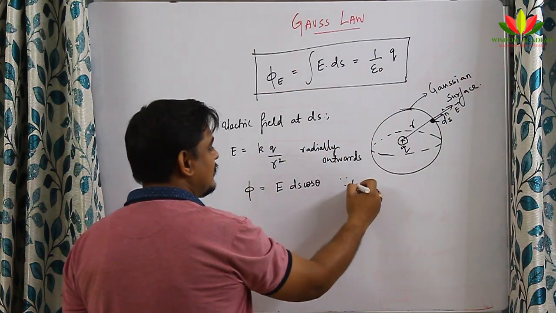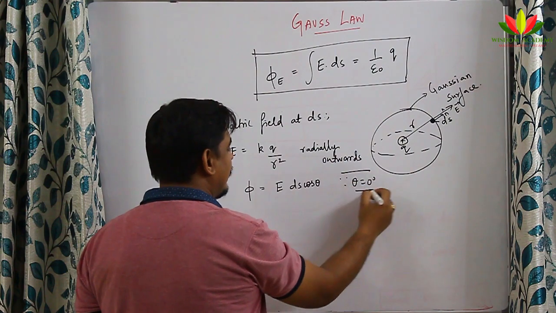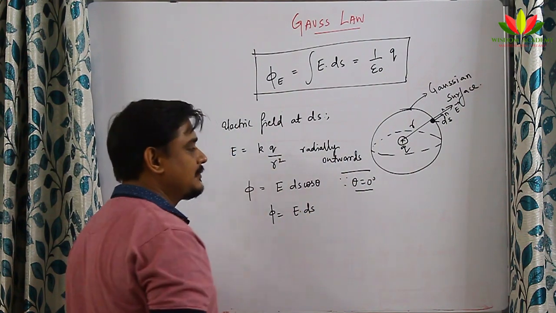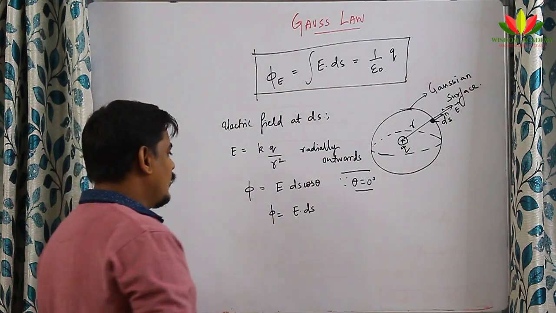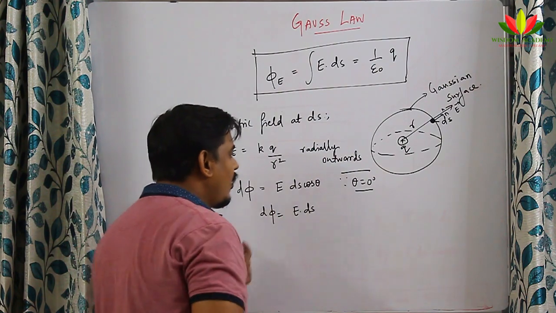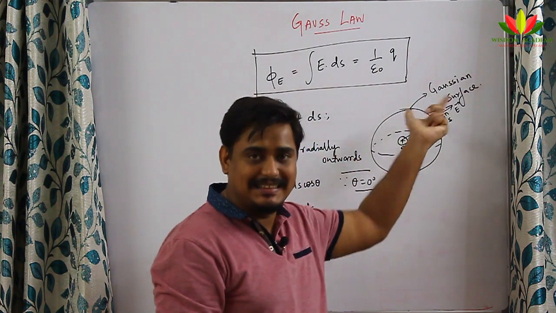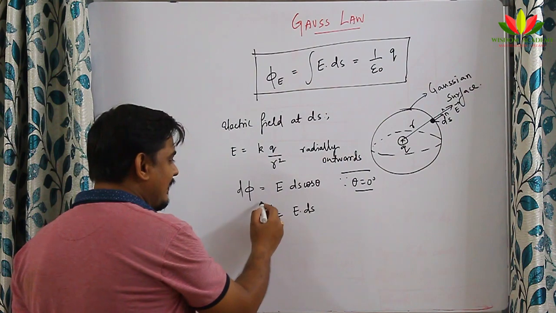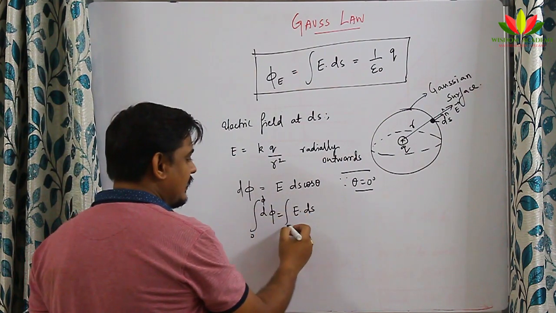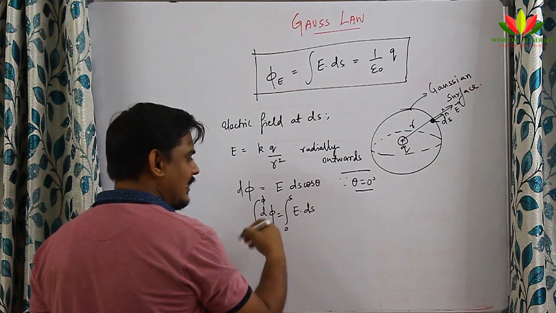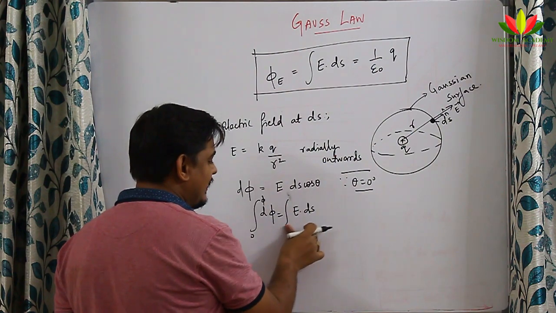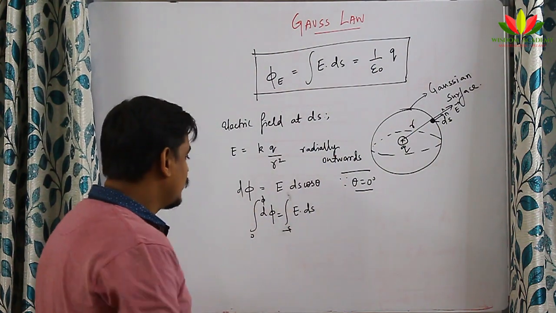So, since theta is equal to 0 degree, I can write d phi is equal to E ds. Why am I writing d phi? Because it is the small flux passing through only the small ds area. I want to find the total flux, so I will integrate on both sides in the total limits, 0 to phi, and here I will integrate over the total surface. This is also called a surface integral.